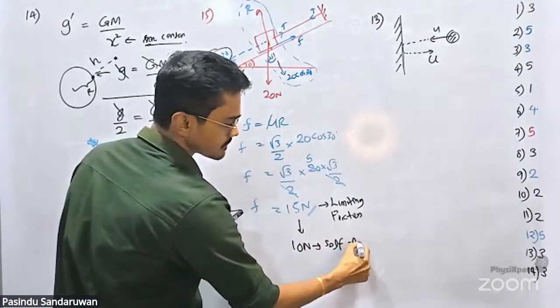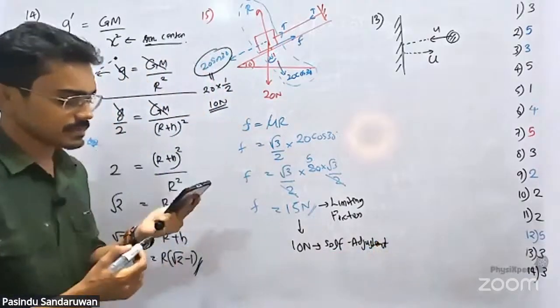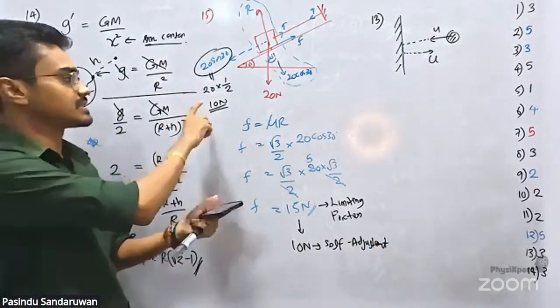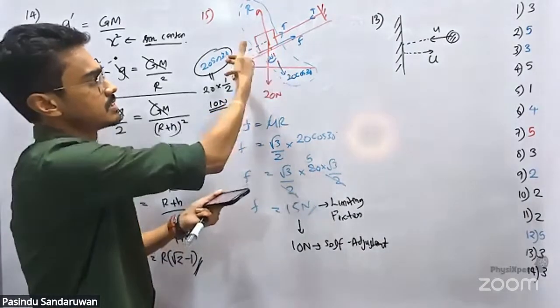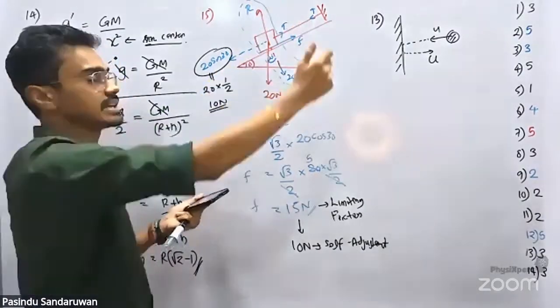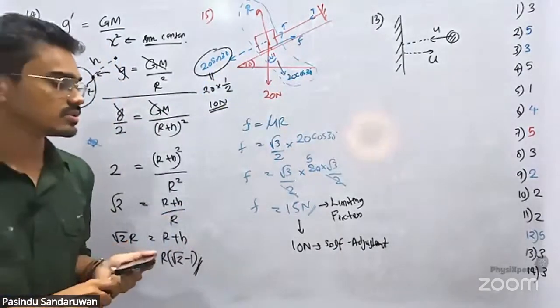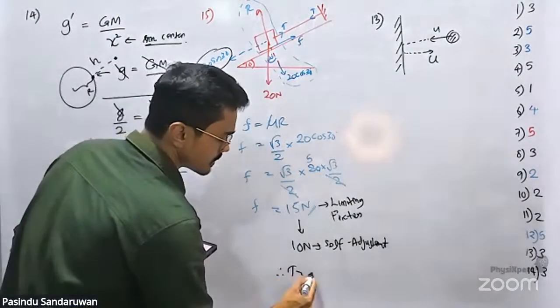Self-adjustment. Now, to counterbalance this 10, friction is also 10, which means this 10 to friction 10 is balanced already. So, T is 0.